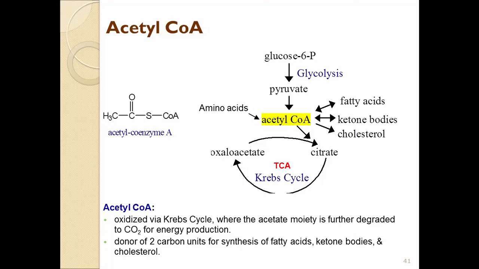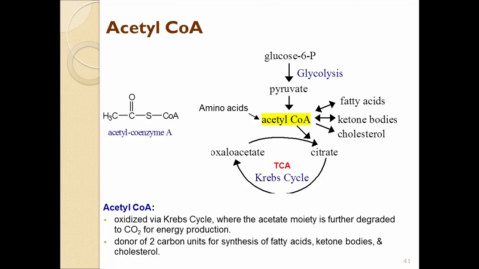Oh yes. So in the fed condition, when we have a lot of acetyl-CoA produced, it can have two pathways, right? One pathway is to enter the TCA cycle, a complete TCA cycle, for ATP production, which we're going to talk about in the next couple of slides.